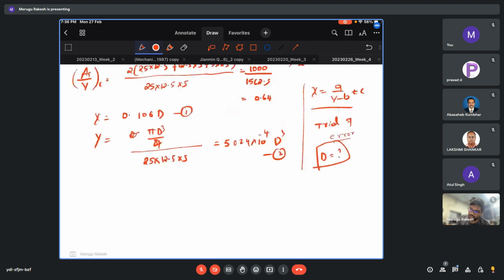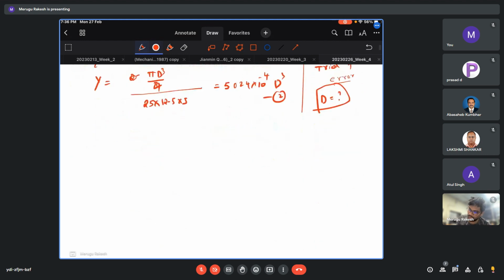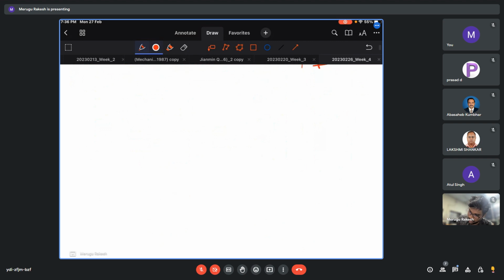Then let me do the same thing for the shape factor method. So in this case, just the axis change, that is L plus W by T of the casting.